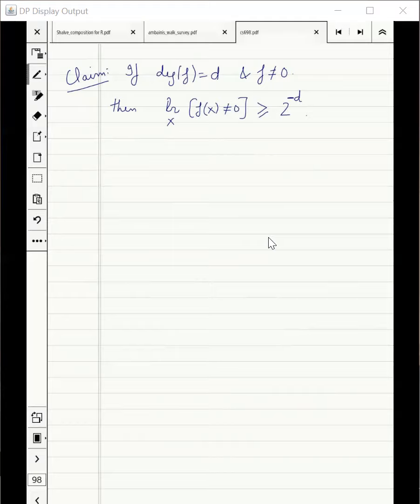Are we fine with the claim? Do we understand the claim? Remember, this probability increases as d decreases. If you know that the function has only degree 1 and is not identically 0, then it has to be non-zero at least at half of the x.